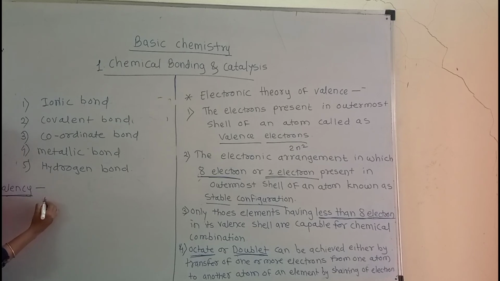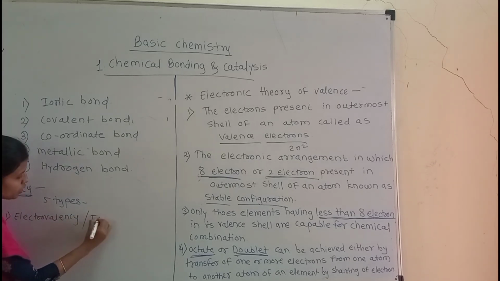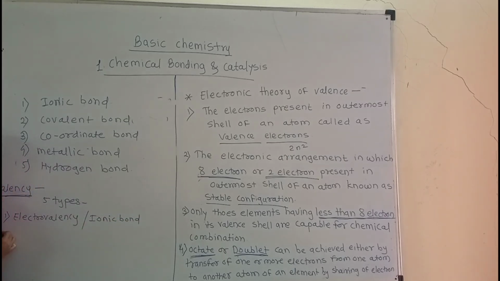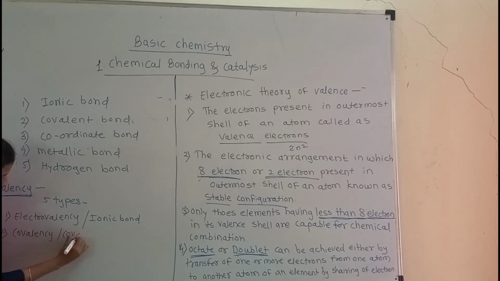These 5 types of valency will be seen, and their types are also based on these different types of bonds. The first type of valency is electrovalency, also called the ionic bond or the electrovalent bond. The second type of valency is covalency, also called the covalent bond.